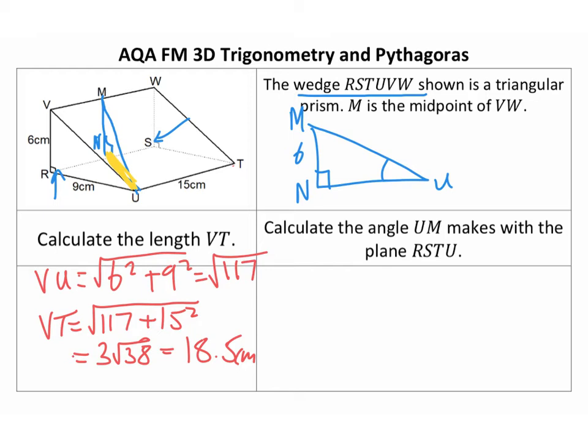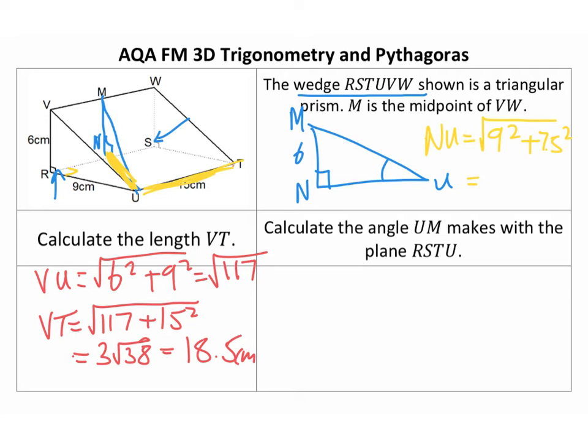We've got another right angled triangle here, so NU is going to be the square root of 9 squared plus half of this here, isn't it, plus 7.5 squared.